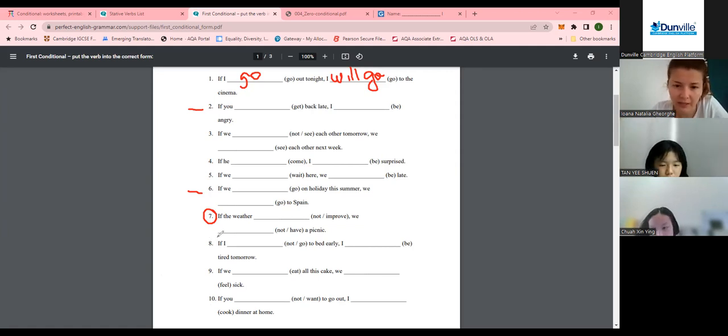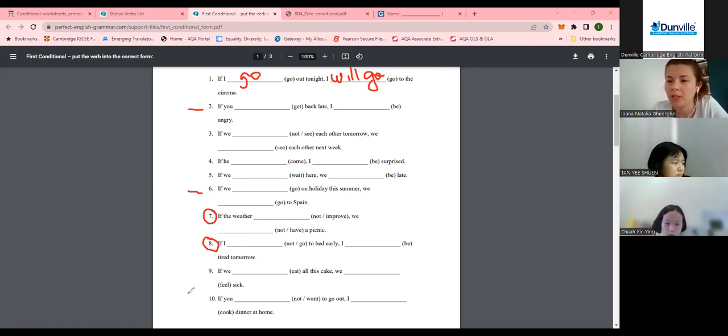Number 8, Tan. If I don't go to bed early, I will be tired tomorrow. Very good. Well done. Singing, number 9. If we eat all this cake, we will feel sick. Fantastic. And number 10, Tan. If you don't want to go out, I will cook dinner at home. Excellent. Very good, girls. I think this one you got a little bit better.